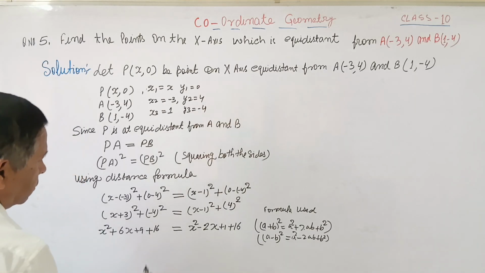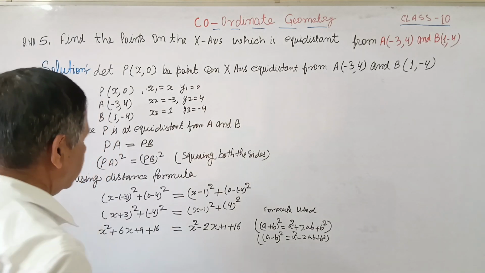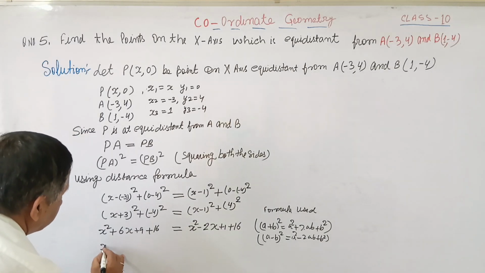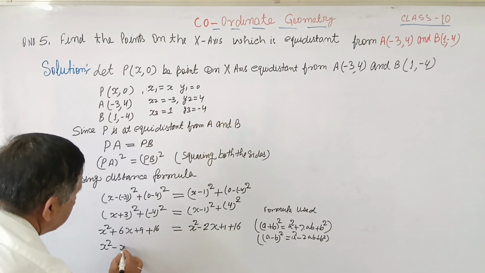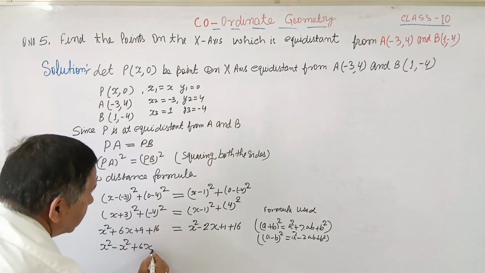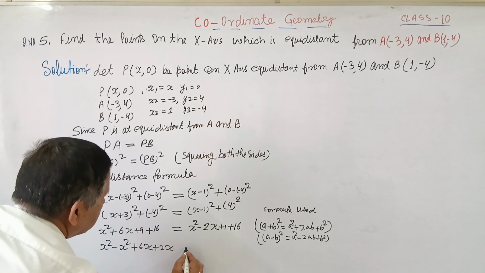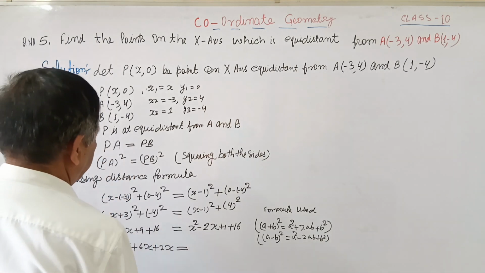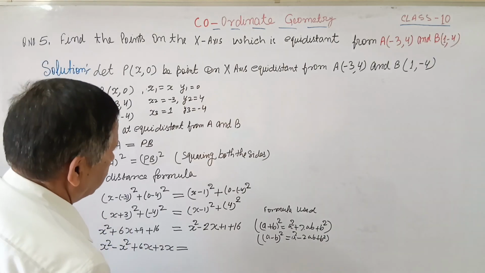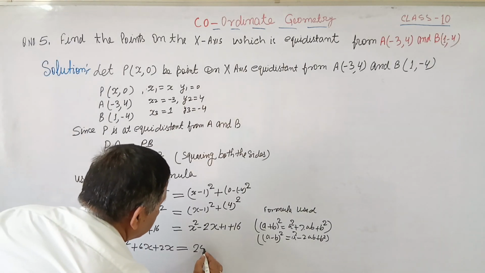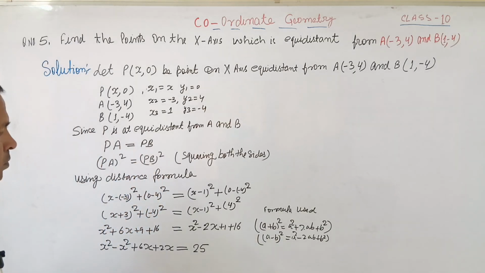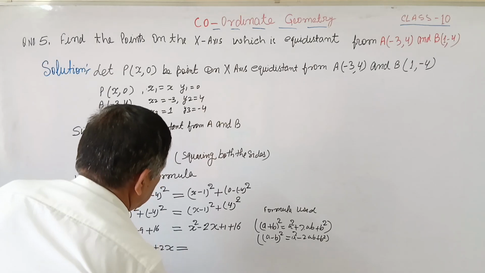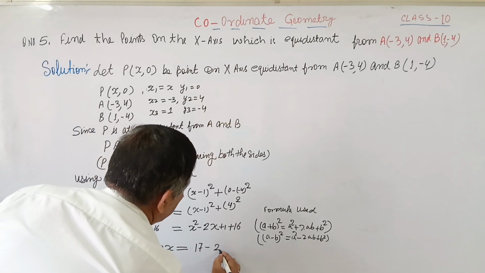All like terms we will write on one side and unlike terms we will write to the other side. So we will get x square minus x square plus 6x plus 2x equals to 17 minus 25.